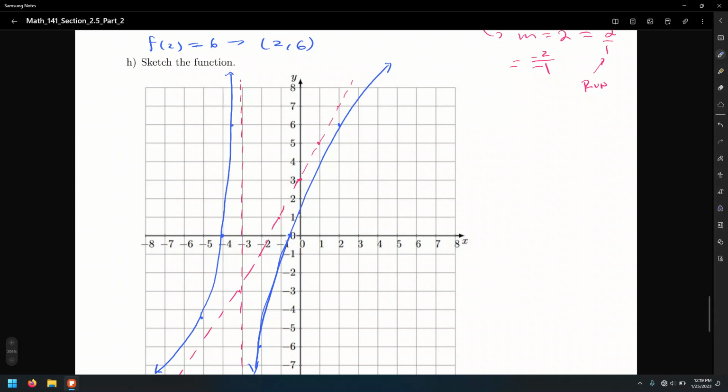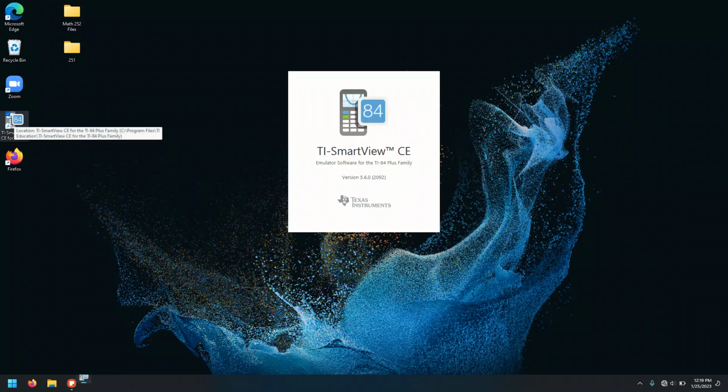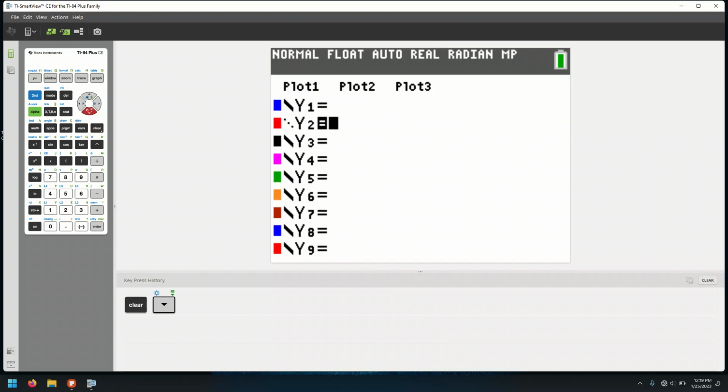All right. How about we look at this using a graphing utility to determine whether everything we did here by hand and algebraically is consistent with the technology. So let's see. Let me clear everything else.